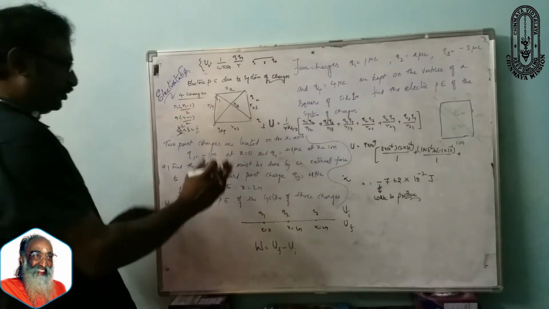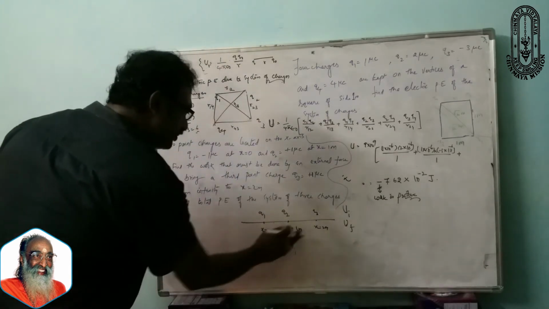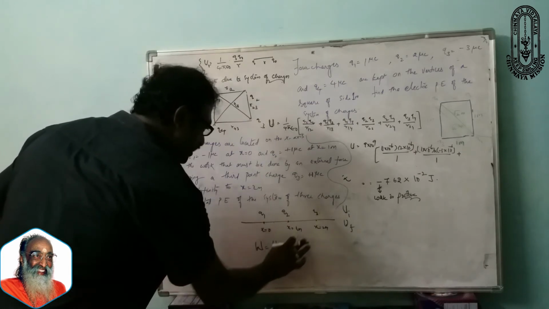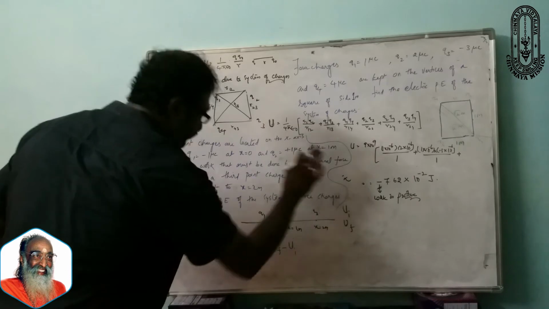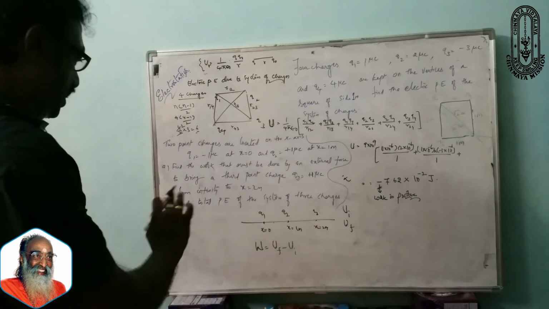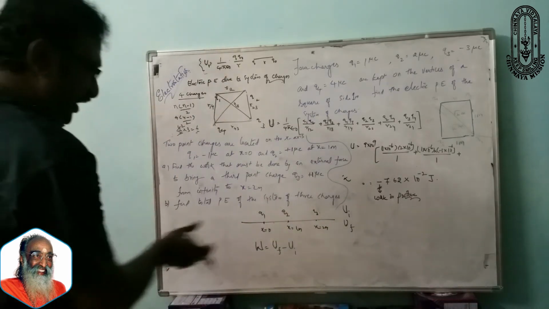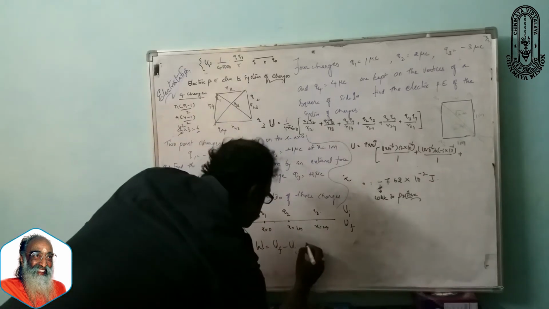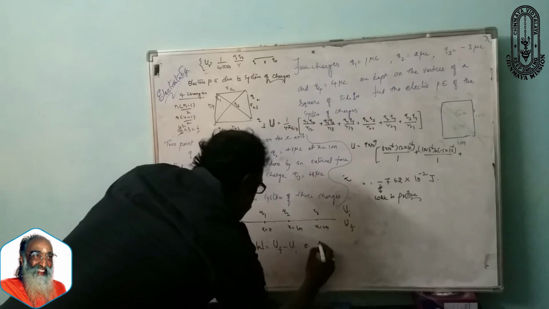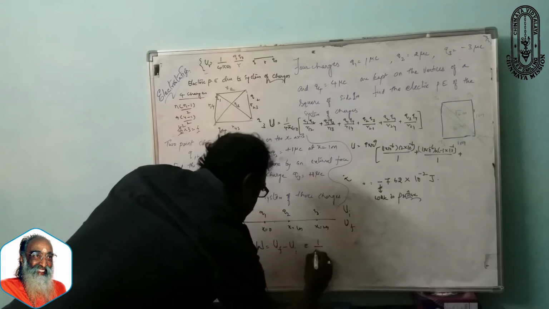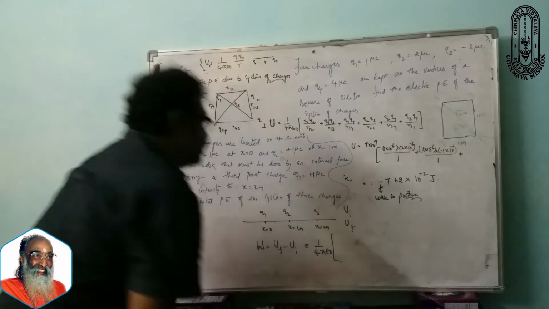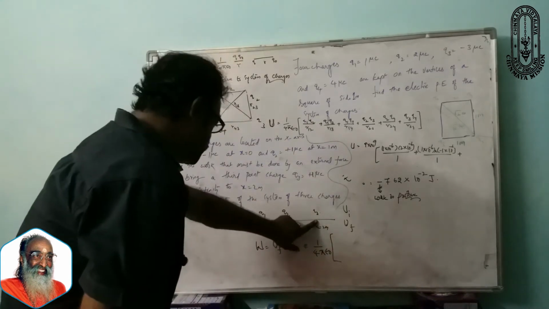Final means the system when the charge is brought up to here. Initially the charge is at infinity. Now I'll write an expression and later we can go for the calculation. First I am writing this Uf: 1 by 4 pi epsilon naught, and final means when the charge is brought up to here.